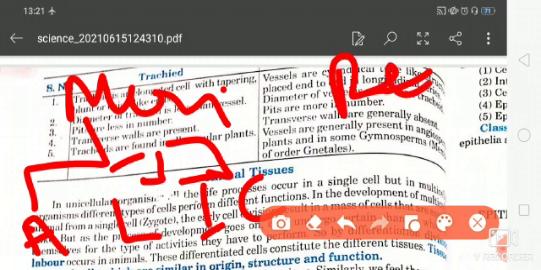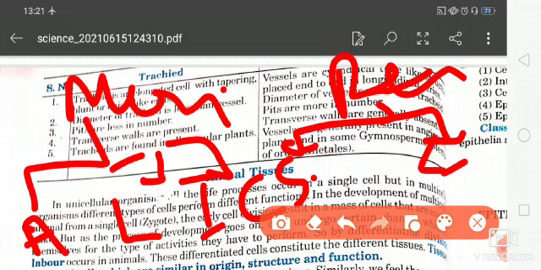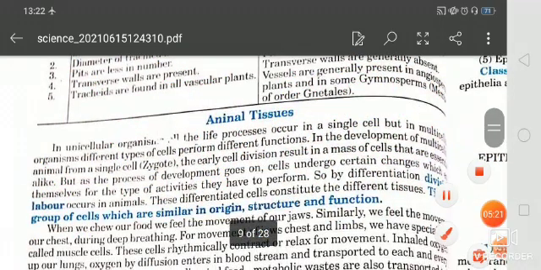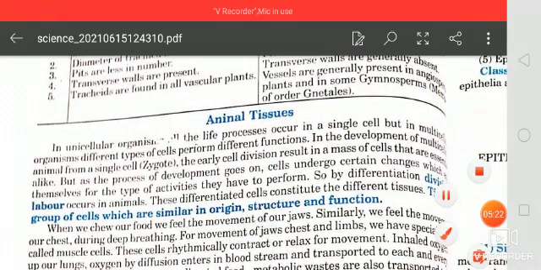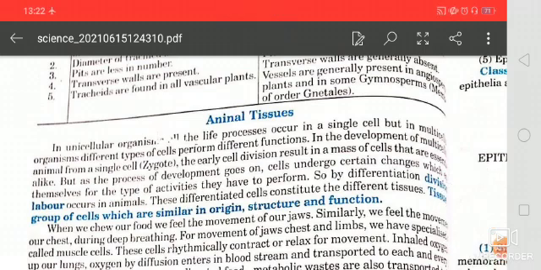Permanent tissue is of two types: simple permanent and complex permanent. Simple permanent tissue has three types: parenchyma, collenchyma and sclerenchyma, and complex tissue is xylem and phloem. Xylem and phloem are very important because they are used for conduction in plants.